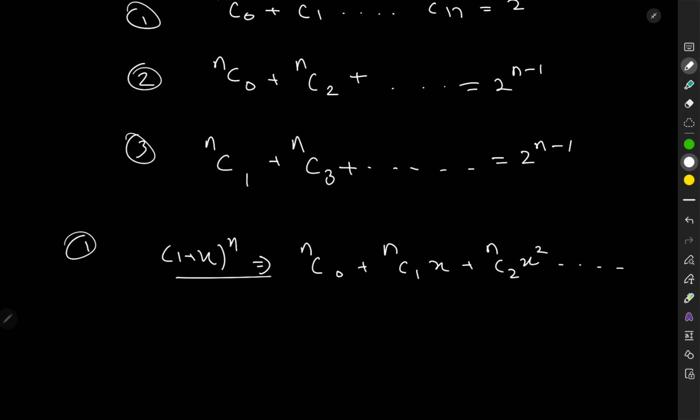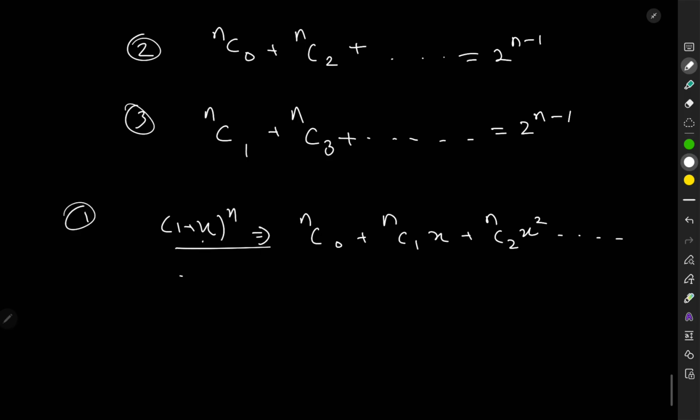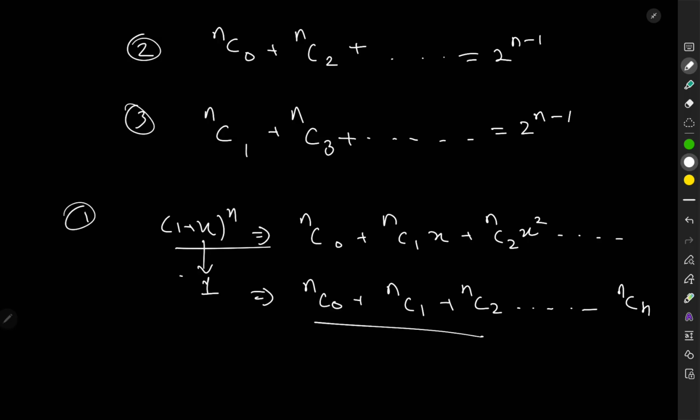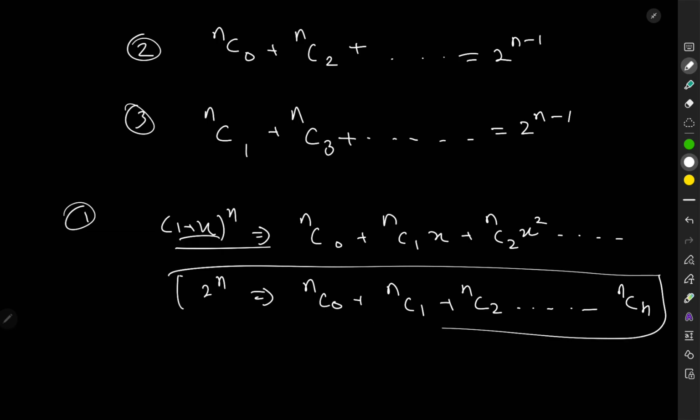In this case, put x is equal to 1. Fine. So what will you get? nc0 plus nc1 plus nc2, till ncn, you will get the value. If you substitute, this will be 2 to the power n. This will be the value, right? So hence proved, right?